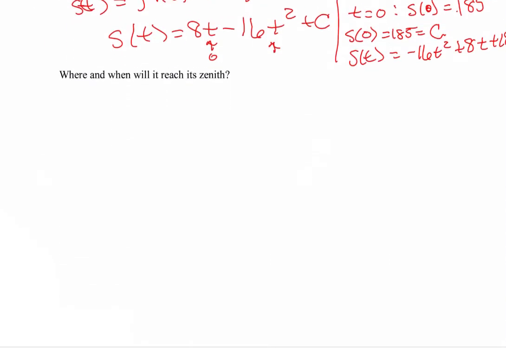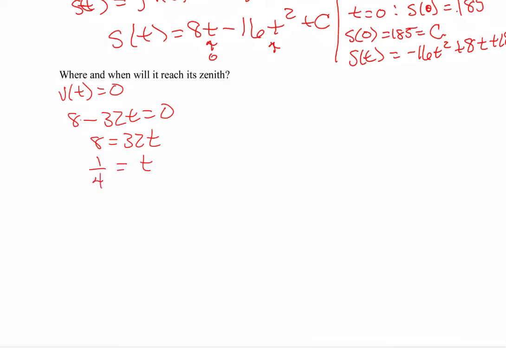So now we know that the peak is when the velocity equals 0. So when is 8 minus 32t equal to 0? So that's when 8 equals 32t. So t equals 1/4. So that's at 1/4 of a second.